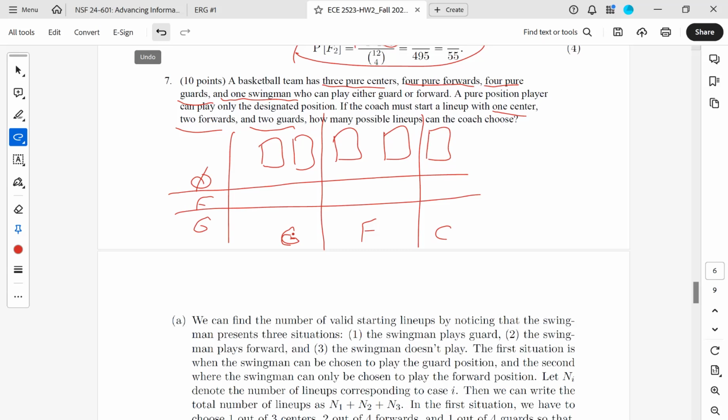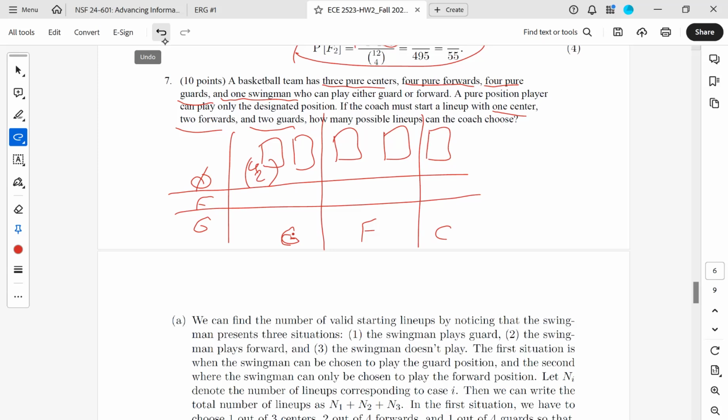So, if we don't choose the swingman, how many possible ways could we choose 2 guards from the 4 people that we have? 4 choose 2, right? So this is the chance that we could fill the positions for guards.